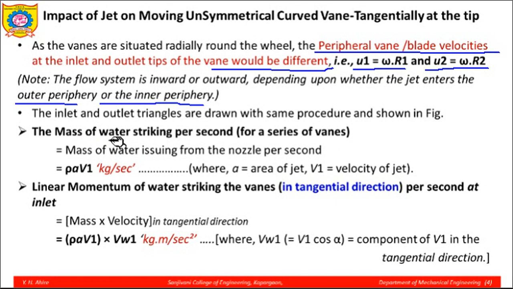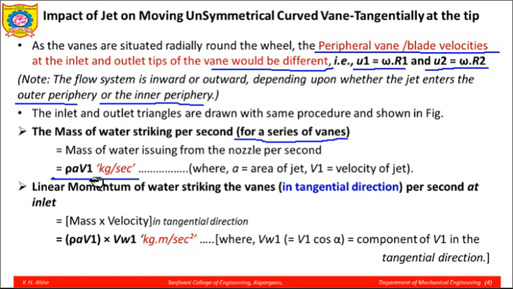Now, the mass of water striking per second for a series of vanes is nothing but the mass of water issuing from the nozzle per second, right? So, for a series of vanes, the mass flow rate of the water supplied in a jet is rho A V1, that is rho into Q, and Q is calculated as area into velocity.